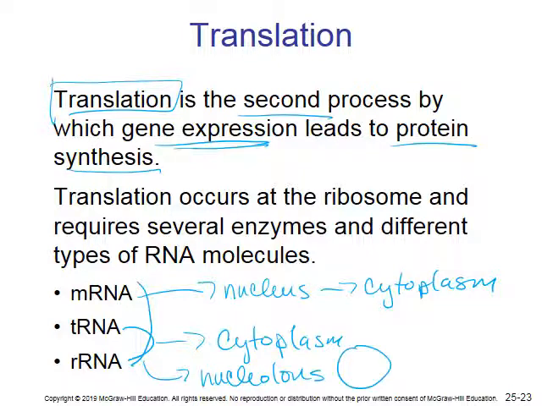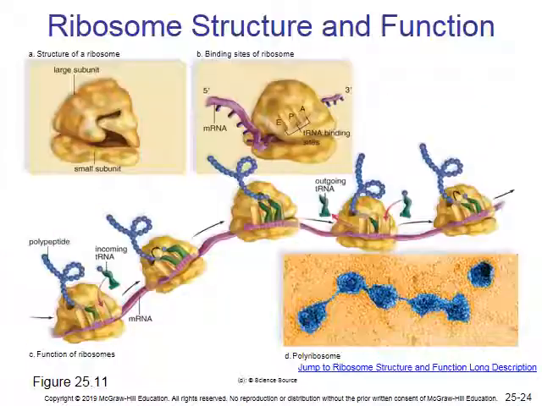So you remember, we have the nucleus, and then inside of it we have the nucleolus. The nucleolus is what's going to create the transfer RNA and the ribosomal RNA, and that's all going to be pushed out into the cytoplasm. So you need all 3 of these RNA molecules in the cytoplasm in order for protein synthesis to take place.